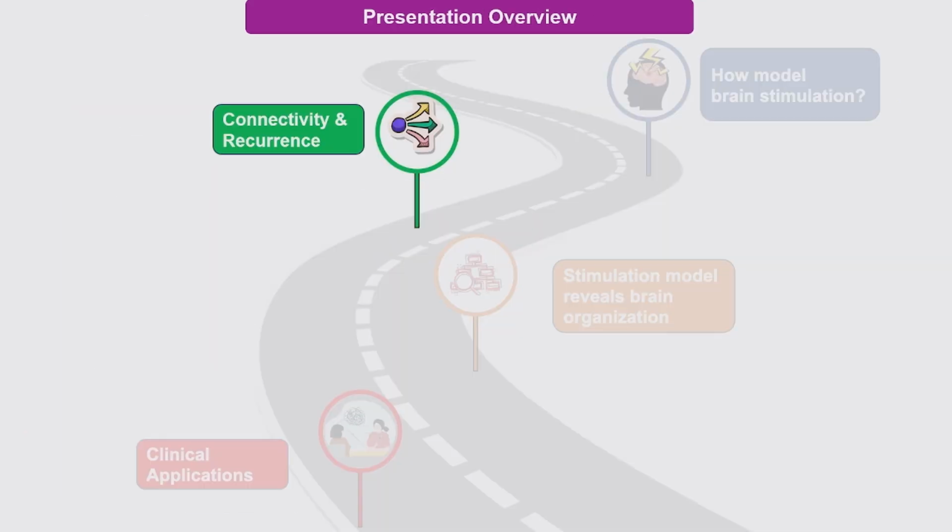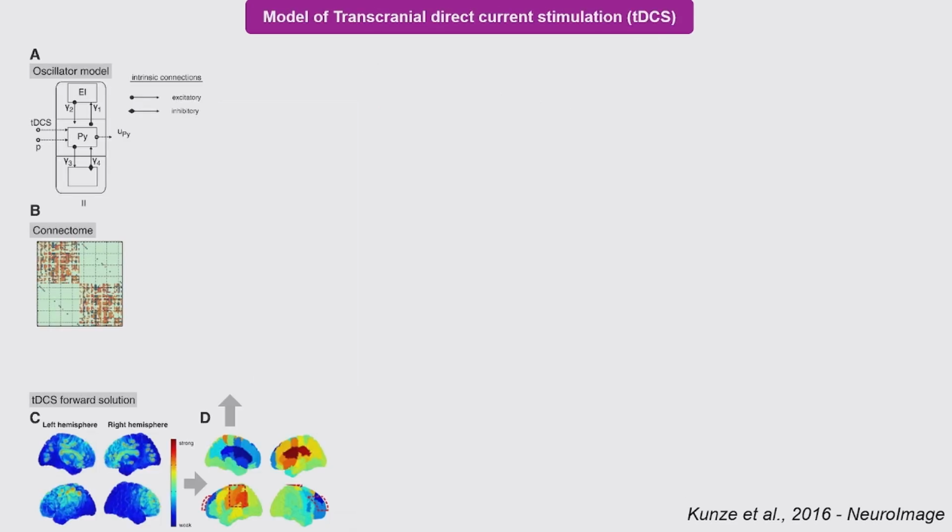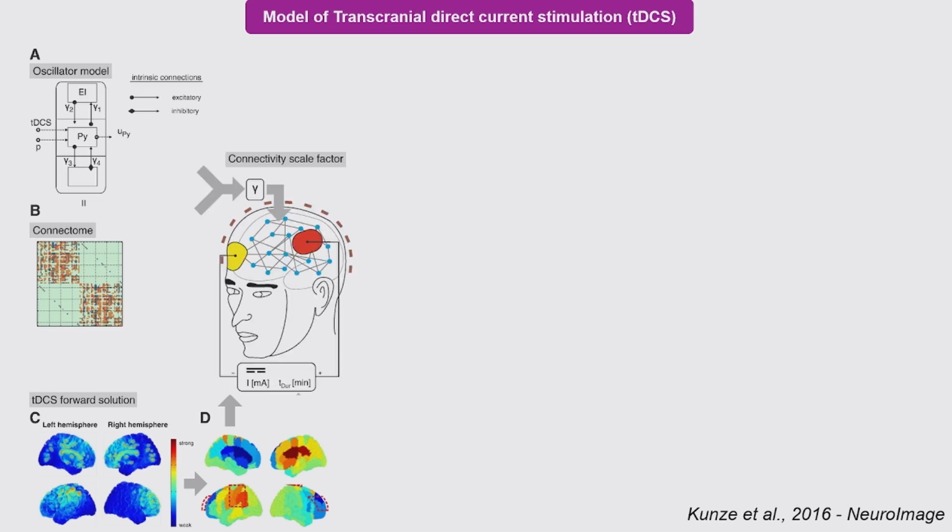So now we are going to show you how connectivity is important in shaping this recurrent activity. One great example of how brain stimulation can modulate the functional connectivity is this study where they modeled tDCS, and specifically they used again the Jansen and Rit and the structural connectome to model the connectivity between the parcels.